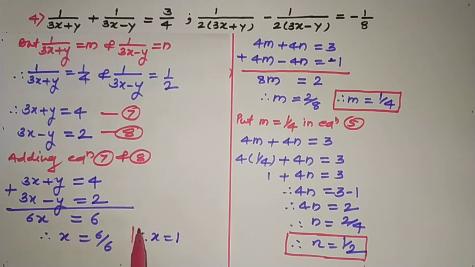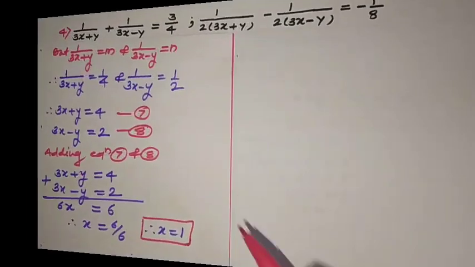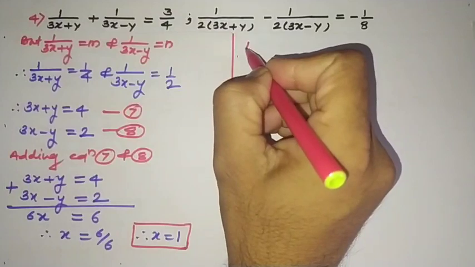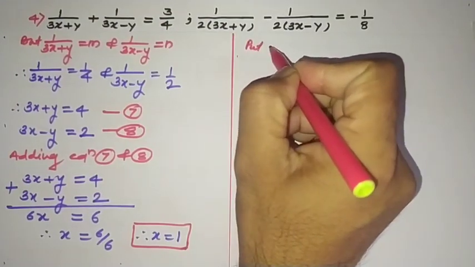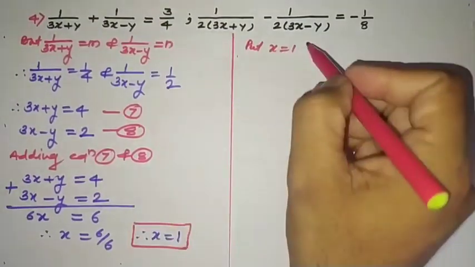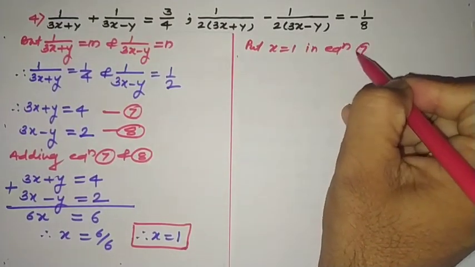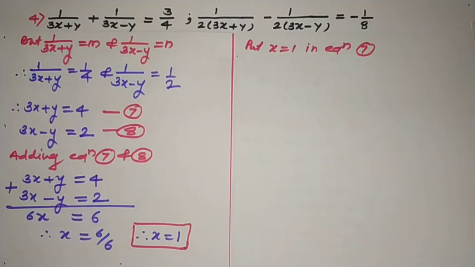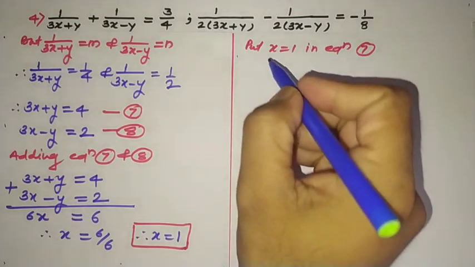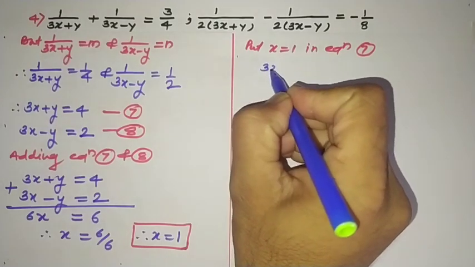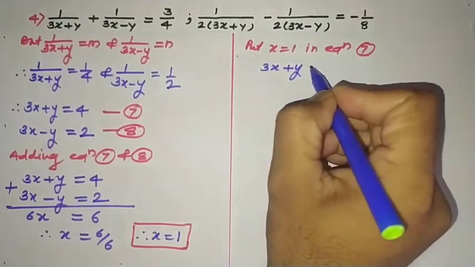This value we put in equation 7 and find the value of y. Put x is equal to 1 in equation 7. First write down equation 7: 3x plus y is equal to 4.